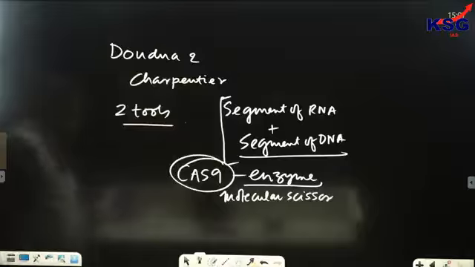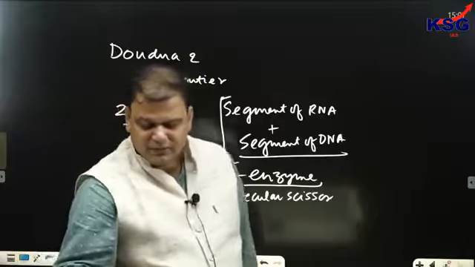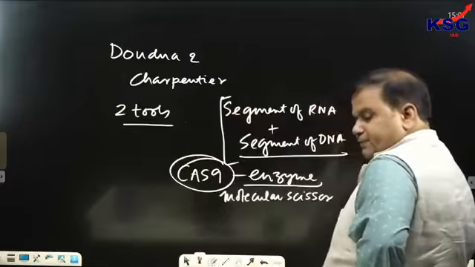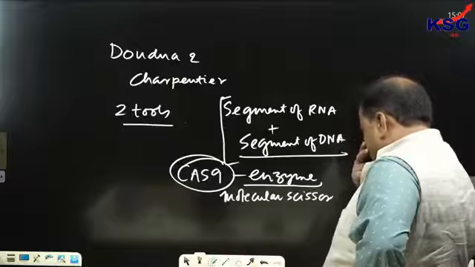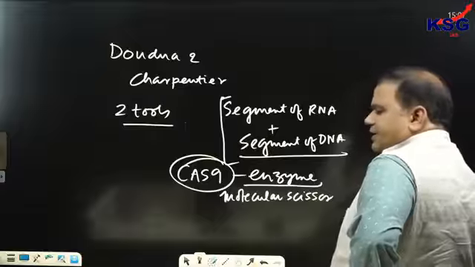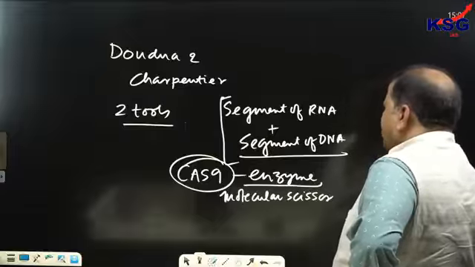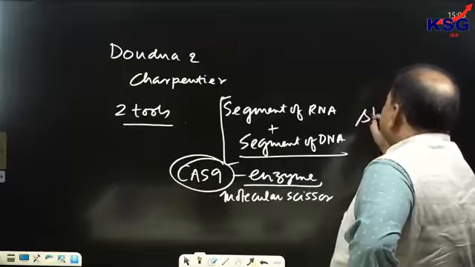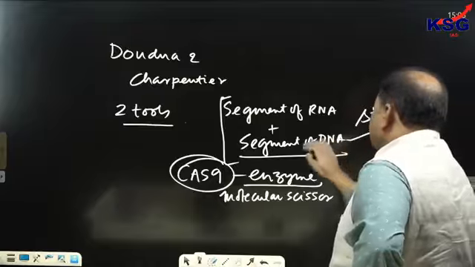Cas9, which is a type of enzyme, acts as a molecular scissor for removing, or rather stripping, this segment of DNA.